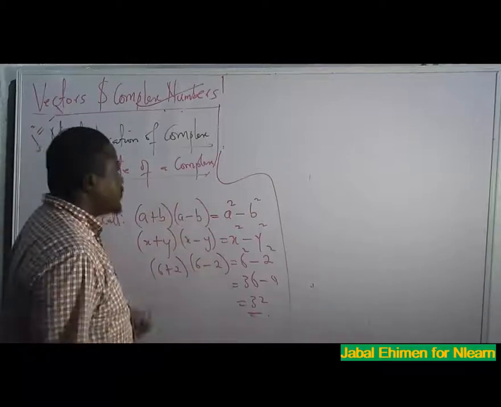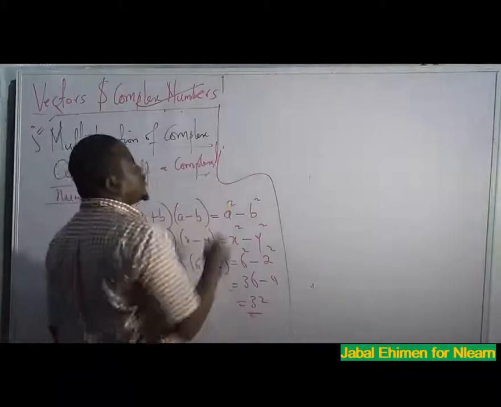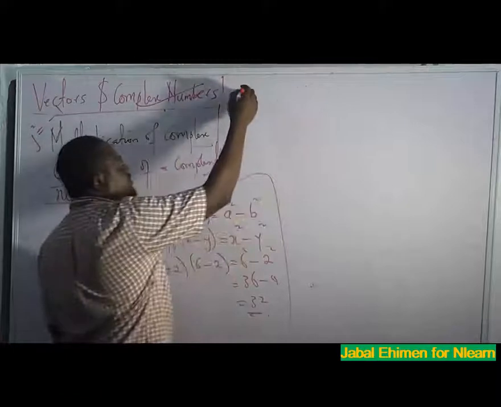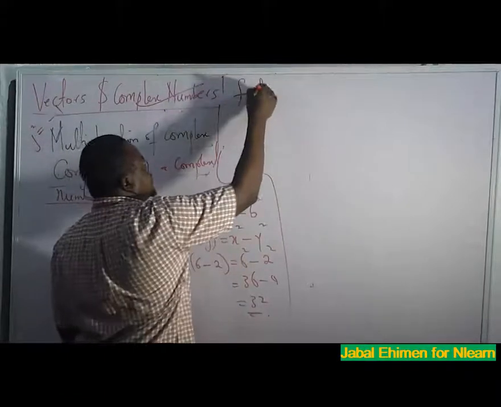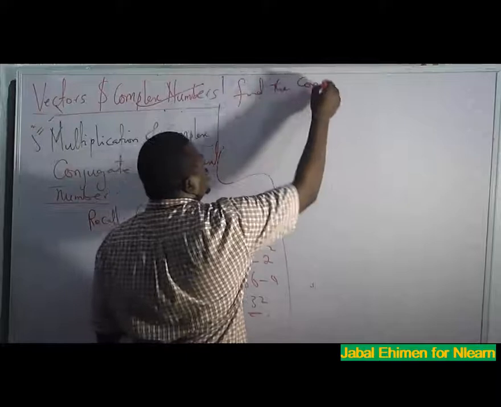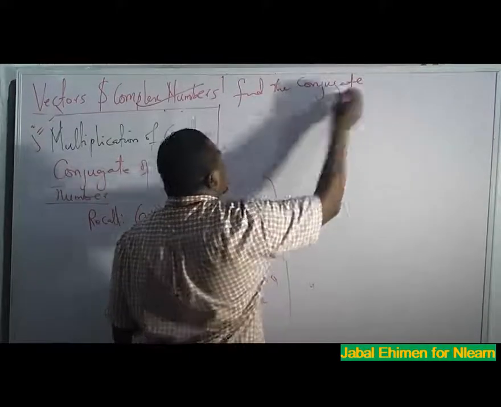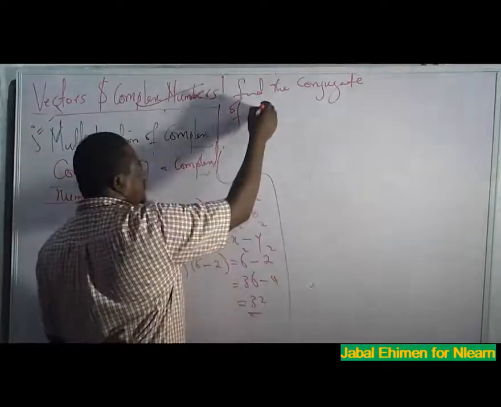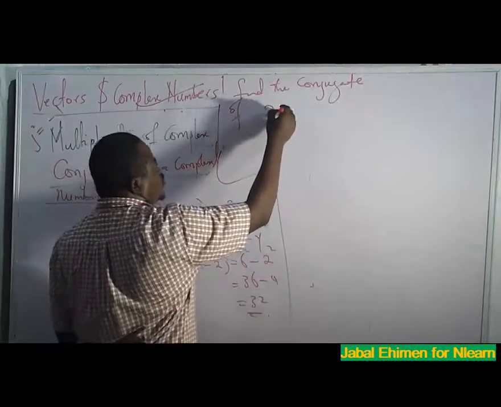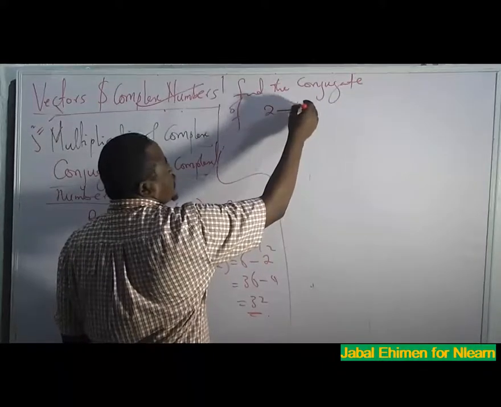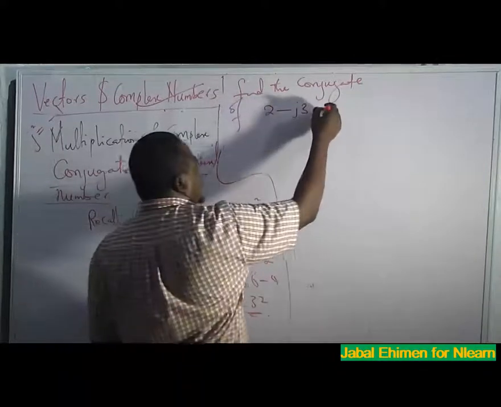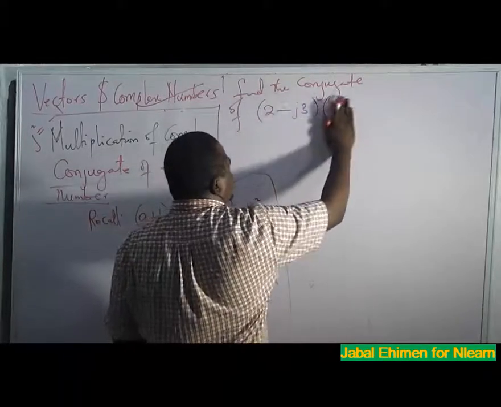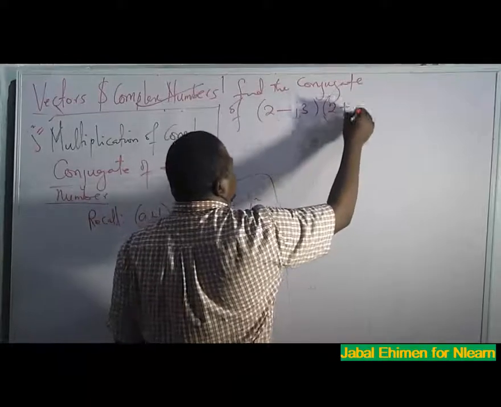So now, with this same conjugate of complex numbers, I can say, find the conjugate of 2 plus j3.